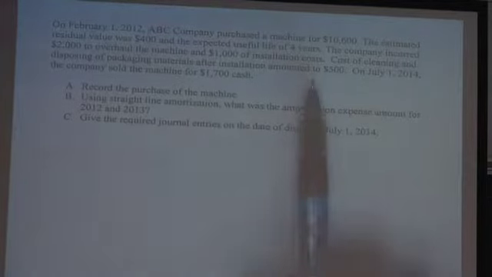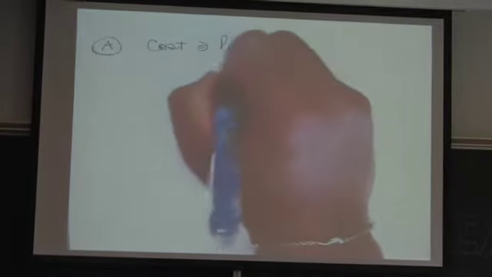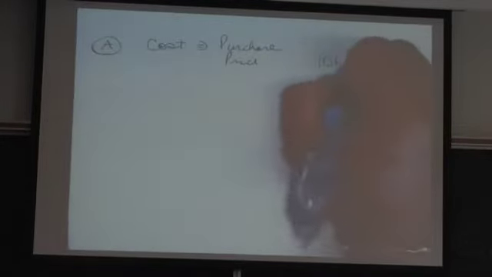So let's solve the problem. First of all, part A is asking us to calculate and record the cost of the equipment. The cost is the purchase price, that is $10,600.